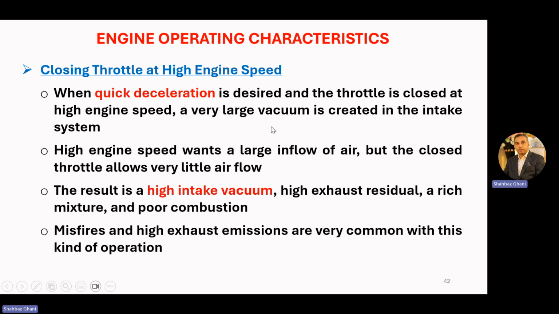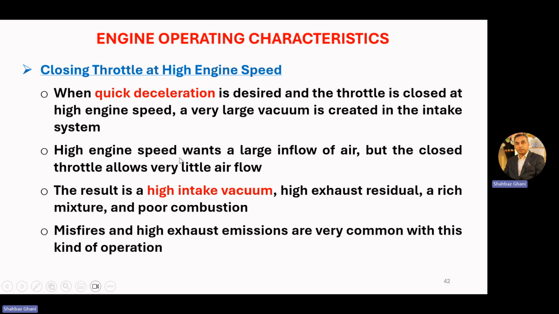Let's suppose we are going at a very high speed, more than 100 kilometers per hour, and suddenly you release the accelerator pedal, or apply less pressure on it, so the throttle valve is closed but the speed is very high. It will create a very large vacuum in the intake manifold system.